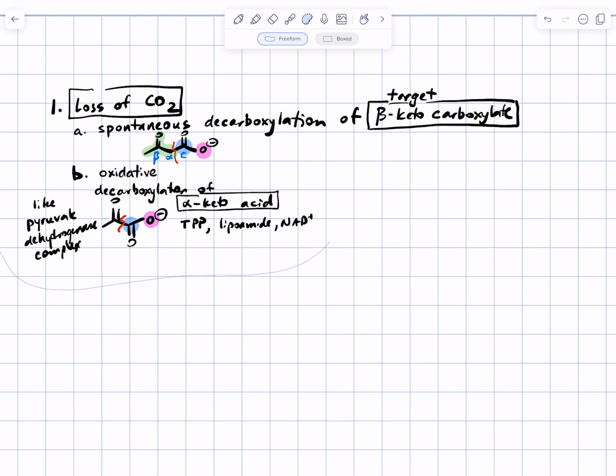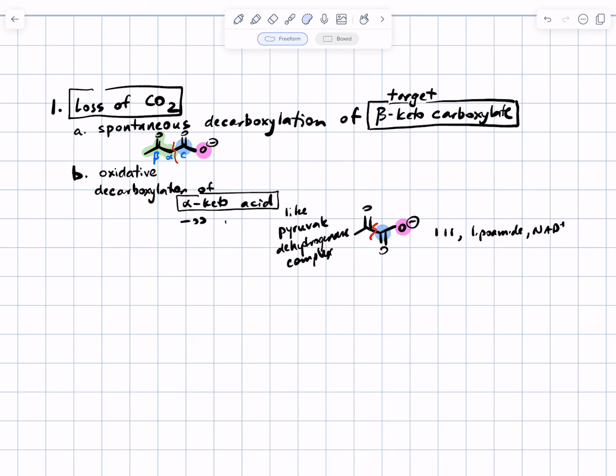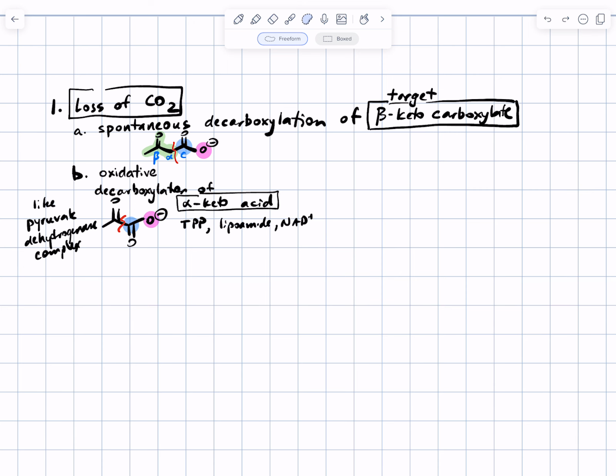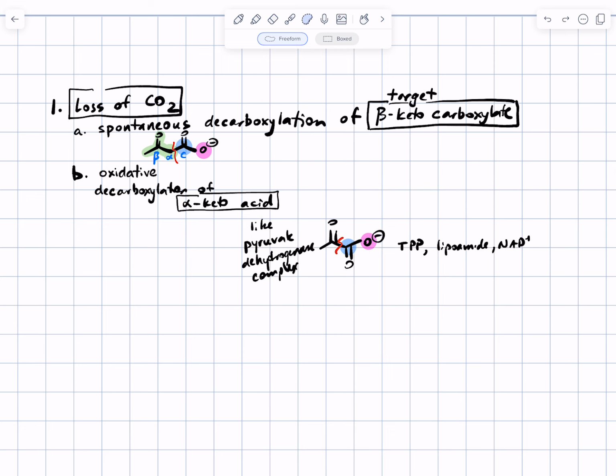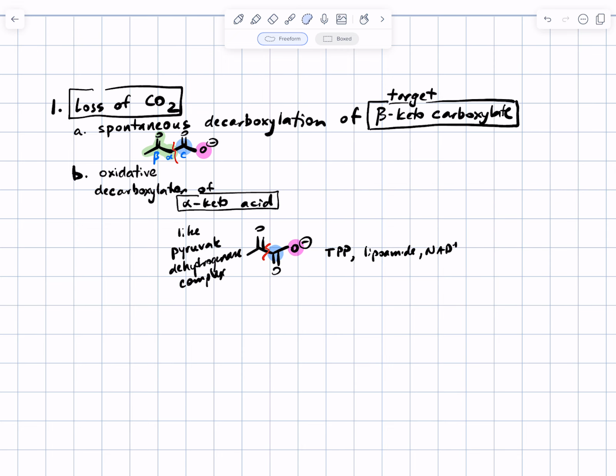Okay, two different options, two different key functional groups. So as we talk about the reaction, and before we do the mechanisms, we're going to overview what happens. And I want you to pay attention to how nature gets us to those two key functional groups. So that's goal number one.